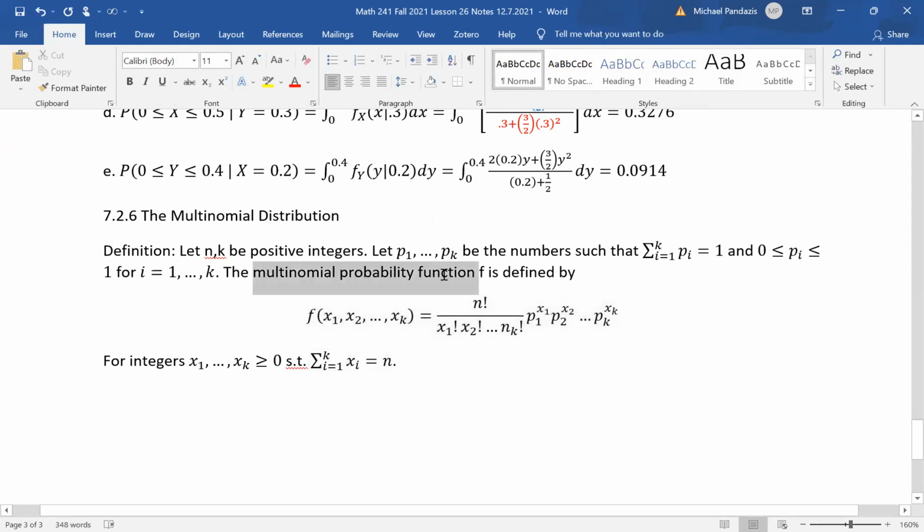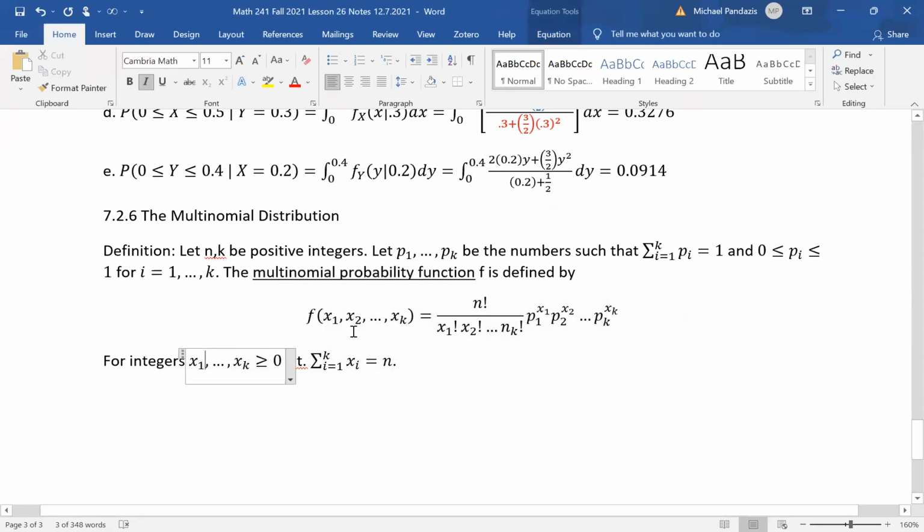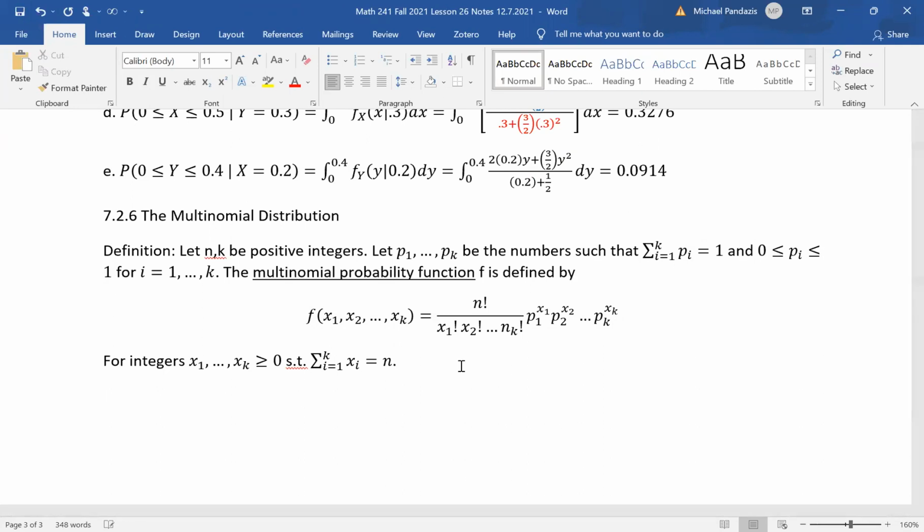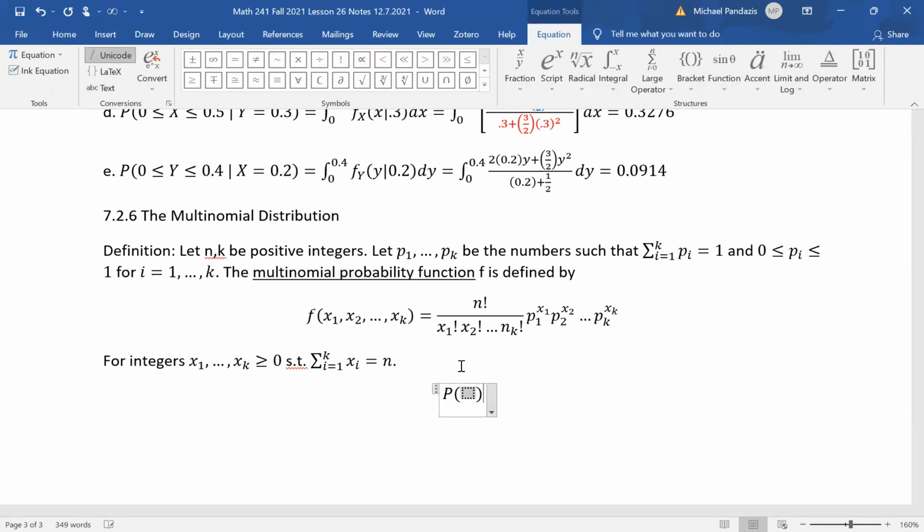Okay, so this is the multinomial probability function. As this is a PDF, these are integers, x1 to xk, and the sum of them is equal to n. Okay, the sum of the p sub i's, which are the probabilities, add up to 1. Okay, so let's say, for instance, you have the probability that there are exactly x sub i occurrences of outcome a sub i for i from 1 to k.